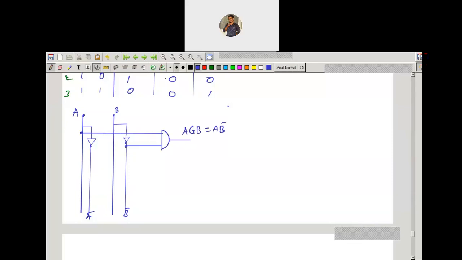Now coming to A less than B, we need the A bar input and B, with an AND gate.